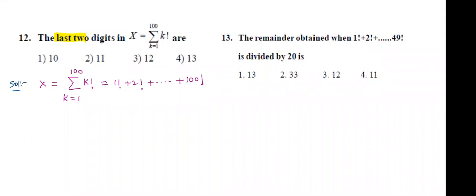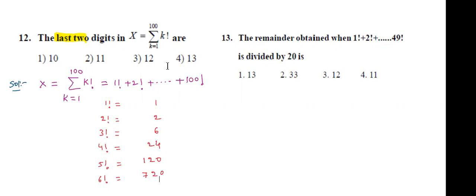Now first, what is 1 factorial? Tell me. 1. 2 factorial, 2. 3 factorial, 6. 4 factorial, 24. 5 factorial, 120. 6 factorial, 720.